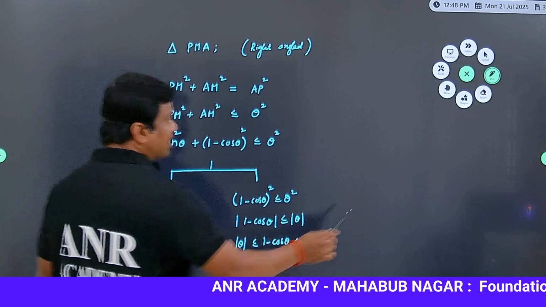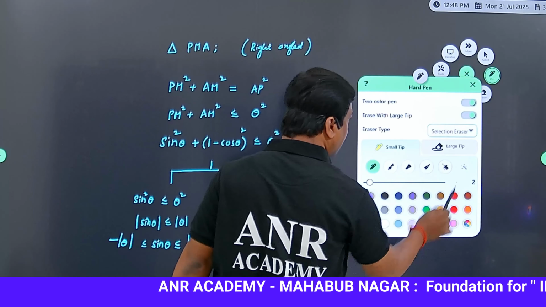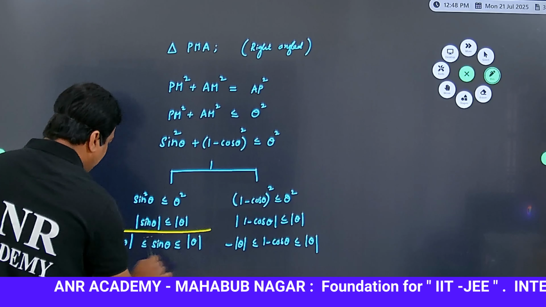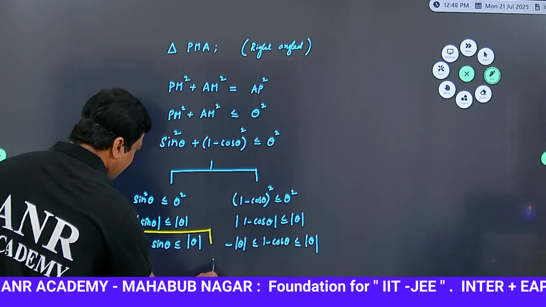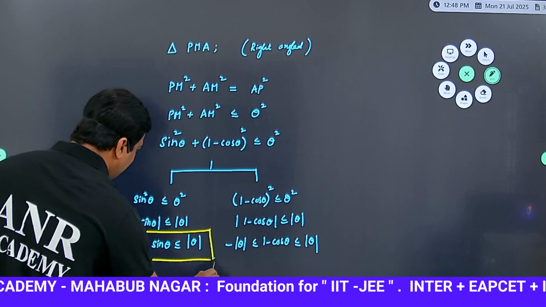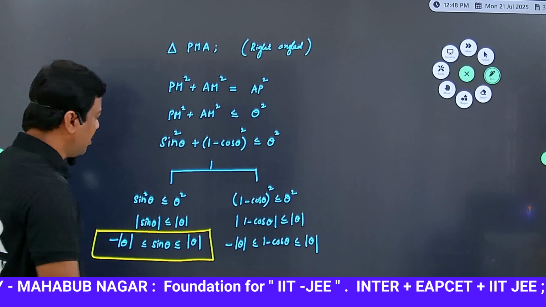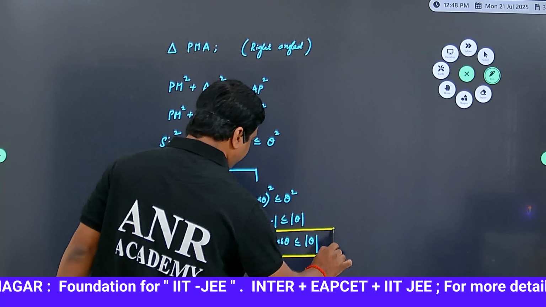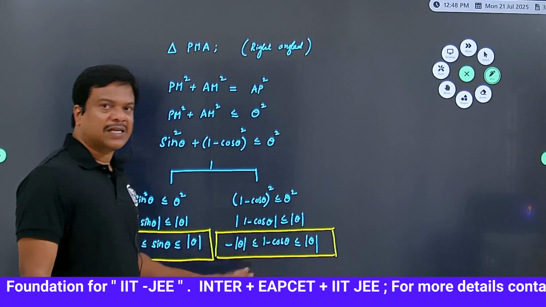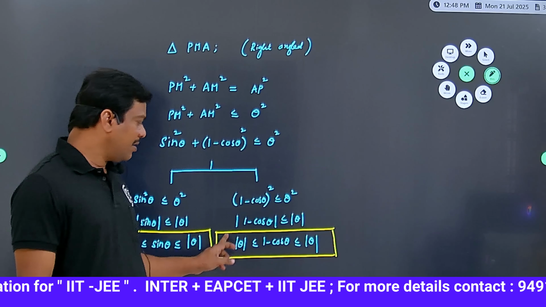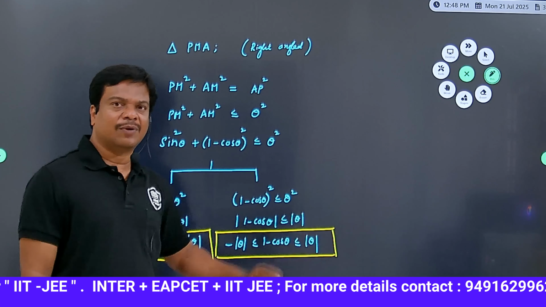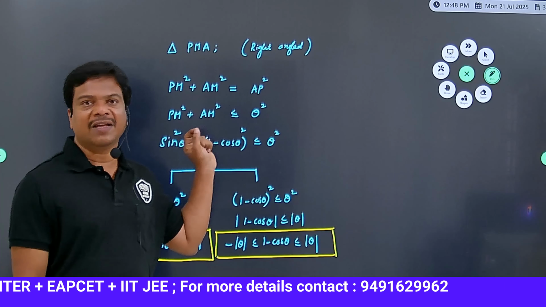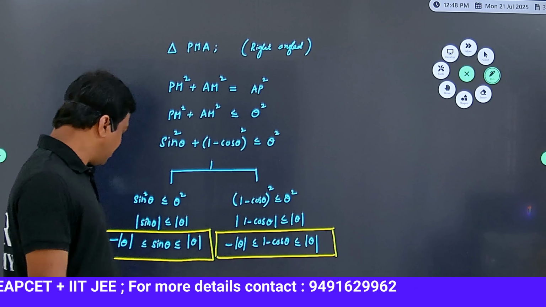One is sin theta, which is lying between minus modulus theta and modulus theta. Another result, 1 minus cos theta, also lying between minus modulus theta and modulus theta. So these two results are very, very helpful in calculus.